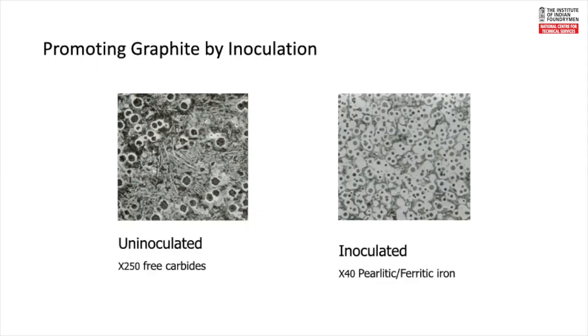Just to give an idea, if uninoculated iron is solidified, then you will see here the free carbides. You see these needles. While in inoculated iron, you see here a ferritic pearlitic structure at 40 magnification.